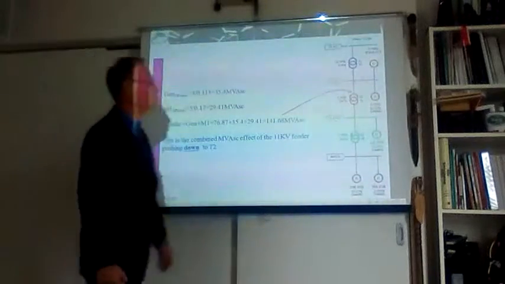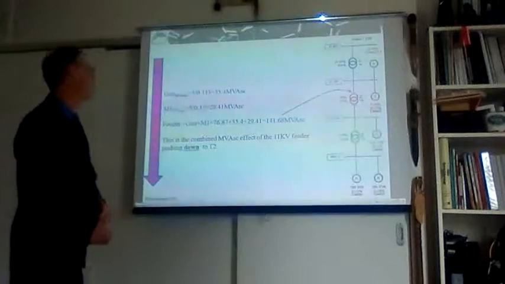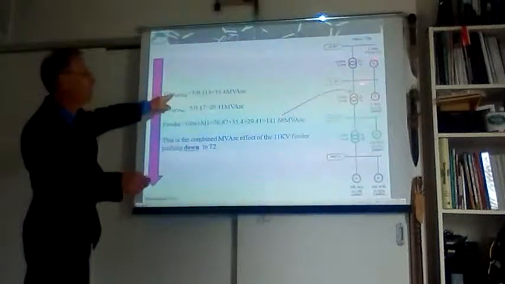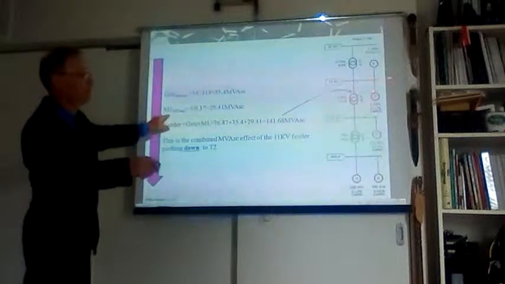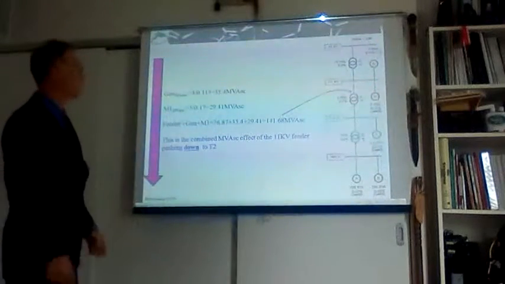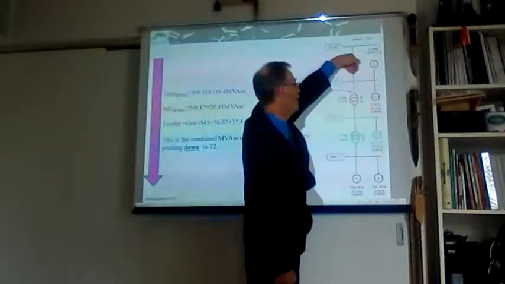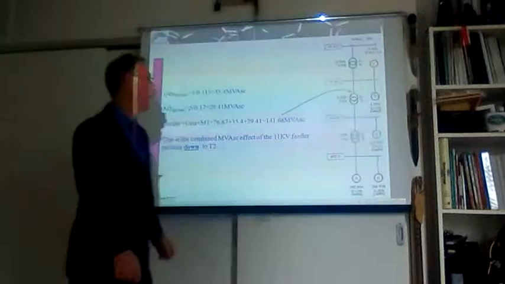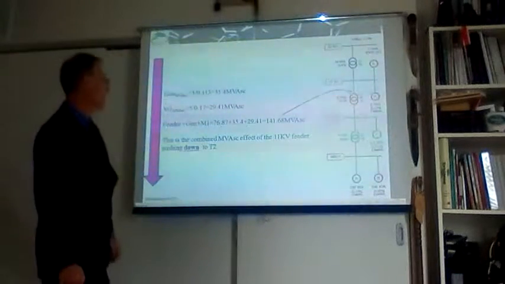We continue on. From that bus down, we will have the contribution of the generator, of the collection of motors sitting and connected to that bus, and the incoming effect of the upper transformer, which we already did.